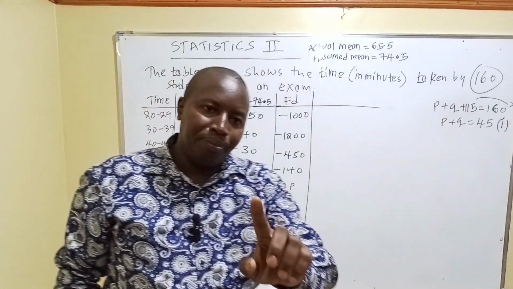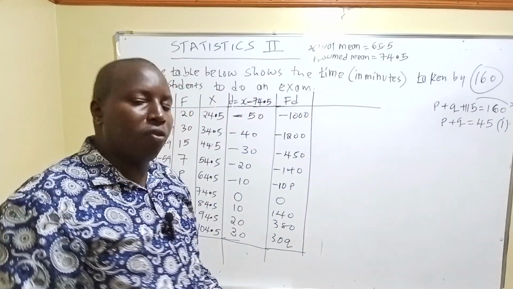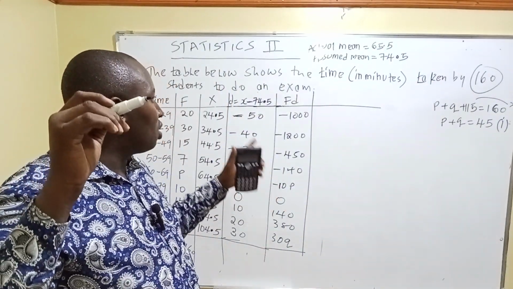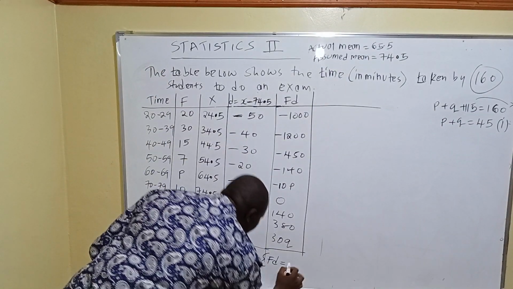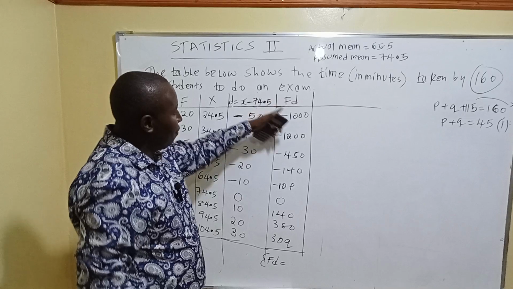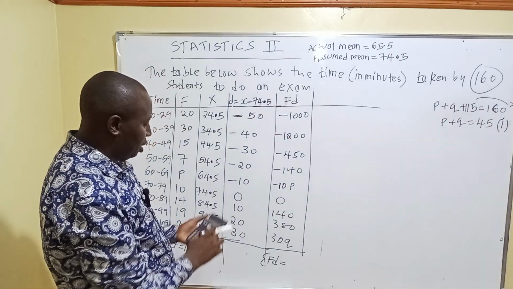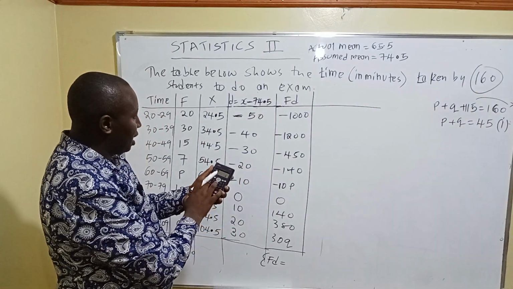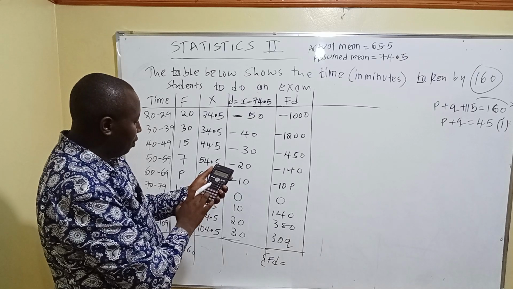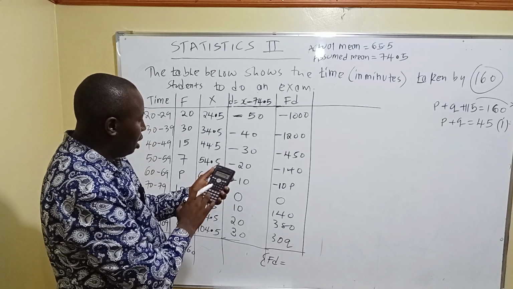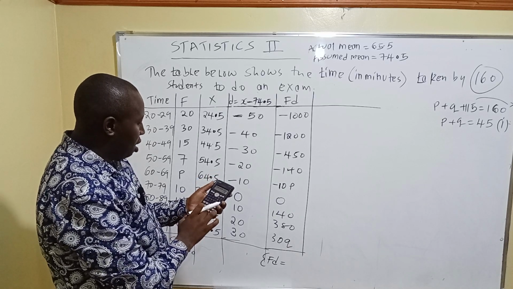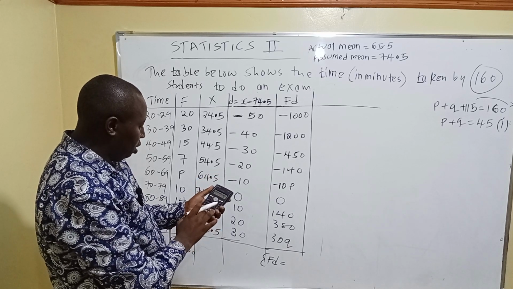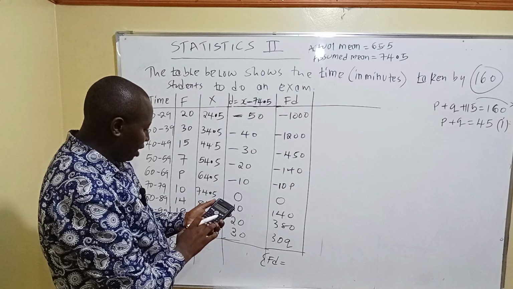Then the next step is to find the sum of deviations, the sum of FD. So get the sum of this: minus 1,000, minus 1,200, minus 450, minus 140, plus 140, plus 140, plus 380.